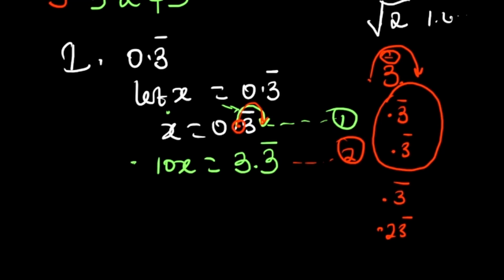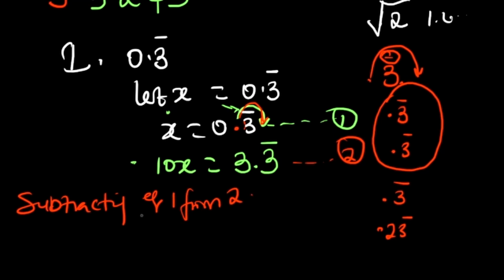But if you look at the right hand side of equation 1, you can see that it is perfectly aligned with the right hand side of equation 2. So we can now subtract equation 1 from 2.